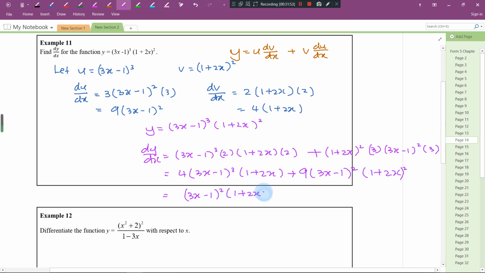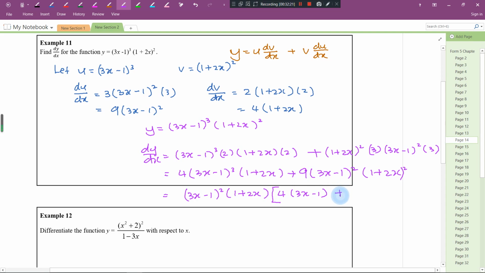I just factorize the (1 plus 2x) out. Okay. Now I have to think. This needs to multiply by what so that I will get back this? I need a 4. And this is (3x minus 1) power 3. This is only power 2. I need another one, (3x minus 1). And this is power 1, you don't have to write anything here.